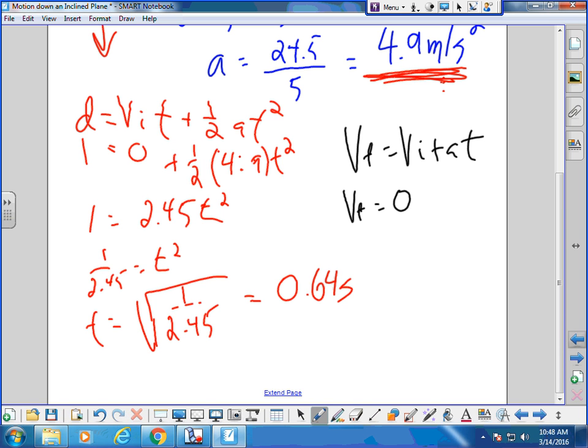Initial velocity is a nice 0. Acceleration is 4.9. And time is 0.64 seconds.